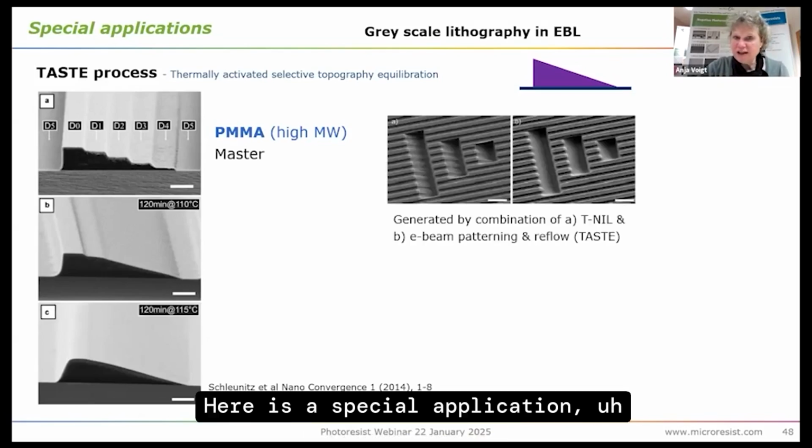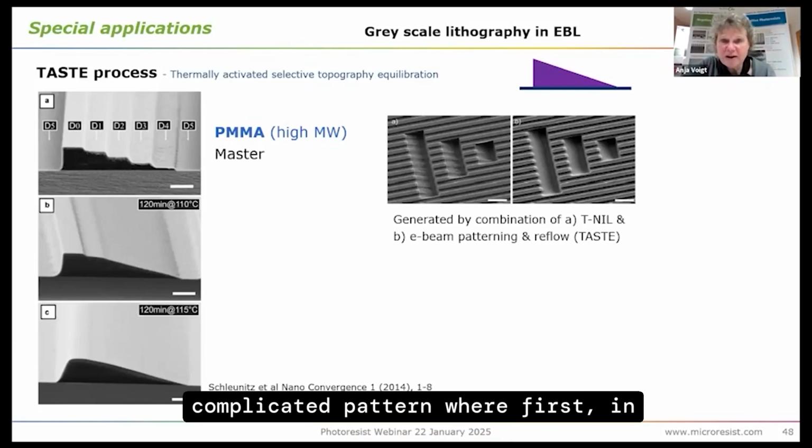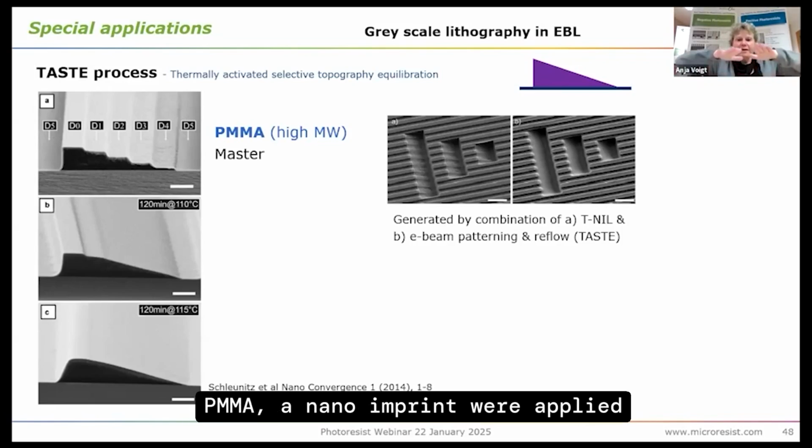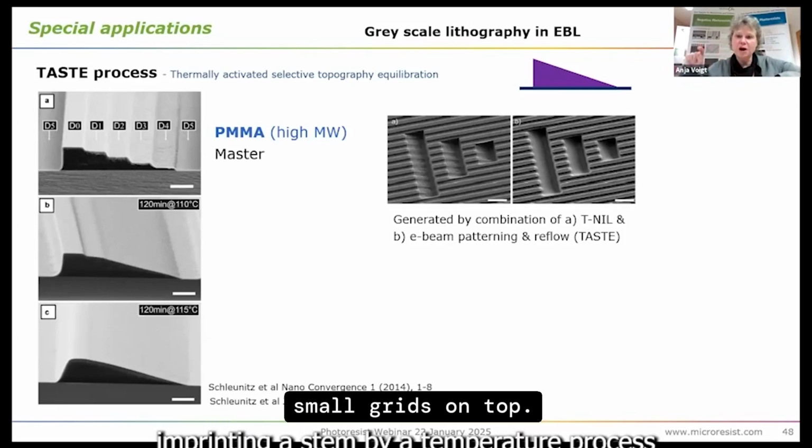Here's a special application, a somewhat complicated pattern, where first in PMMA nanoimprint was applied by imprinting a stamp with a temperature process to have the small grids on top.